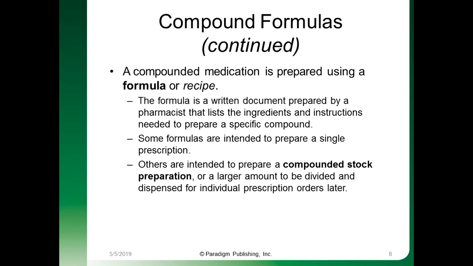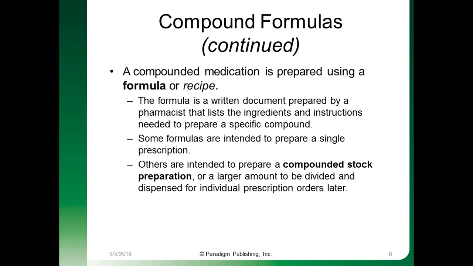So again, we fall into the rules and regulations that you cannot compound for a multitude of people, but you can compound enough medication in advance to help a couple patients, especially when the compounded medication is not available commercially. Then you're able to go ahead and compound enough for either an outbreak or something.